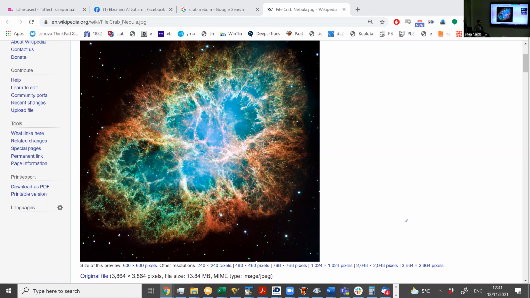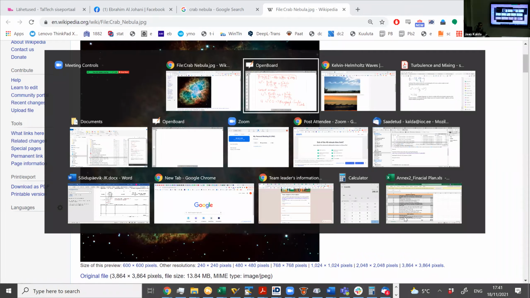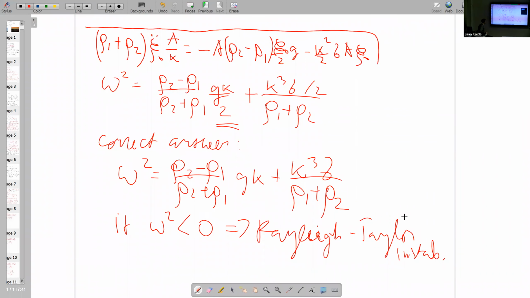And so basically, you have an explosion, dense matter is pushing away matter from there, and if you go to the moving frame, it happens that we have dense fluid above sparse fluid, and so it starts evolving into filaments. How the Rayleigh-Taylor instability starts evolving is something like that.